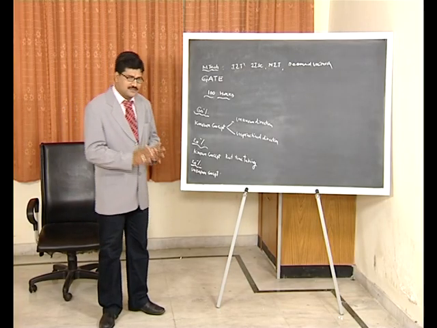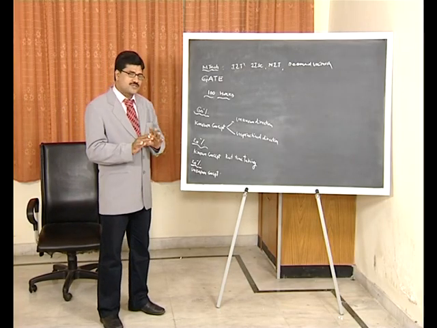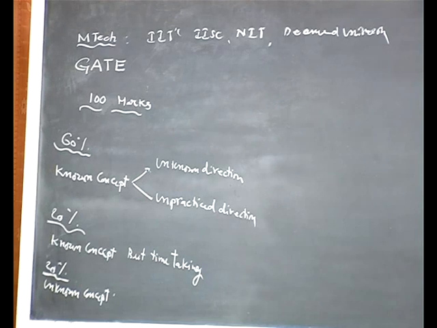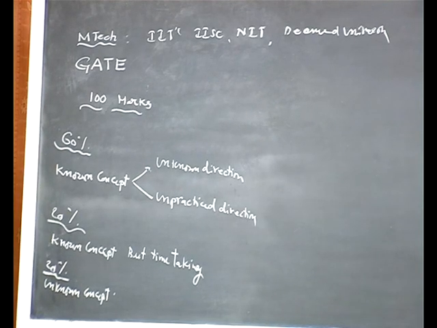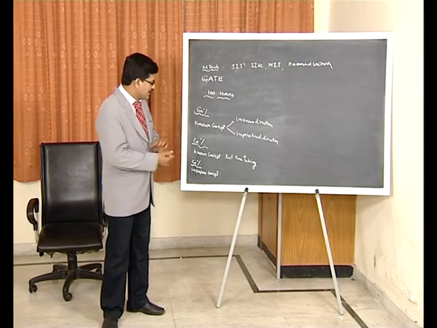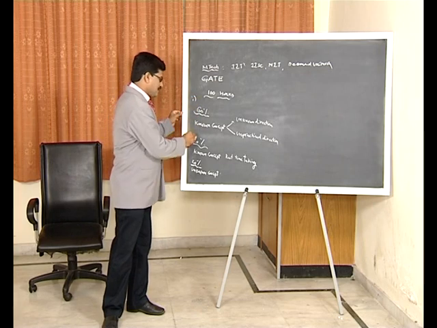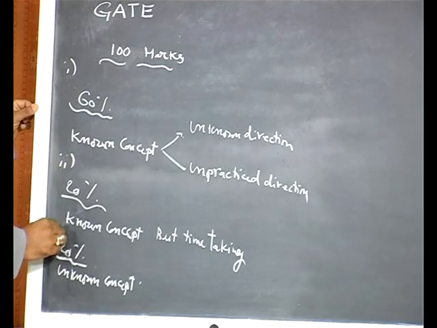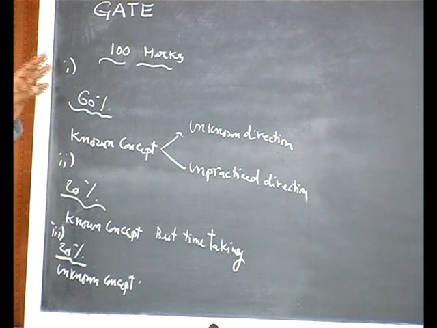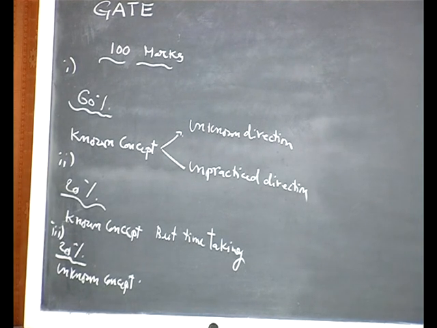So my sincere suggestion is, first you have to understand the model of the question paper in GATE. Suppose you refer to previous GATE question papers, then you observe such types of questions, for example in the first category, in the second category, in the third category. I'll give one example for the first category type.